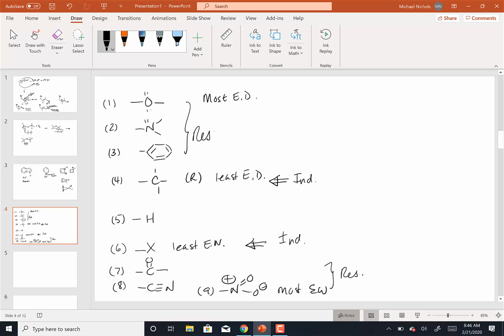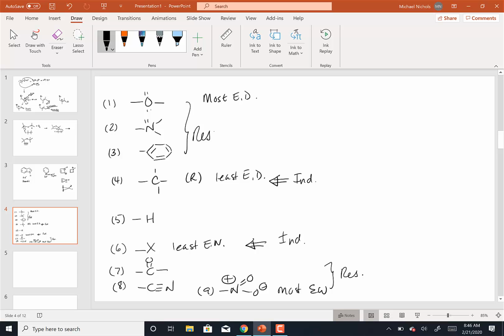Okay. Now, why am I putting it in this order? Because I'm going to reinforce the idea that resonance is far more powerful than induction by using this chart. Because if I use this chart, what does it tell me?